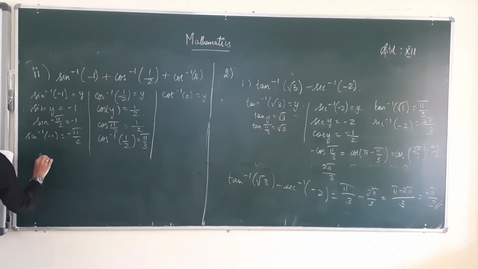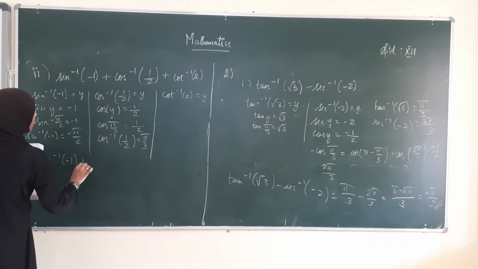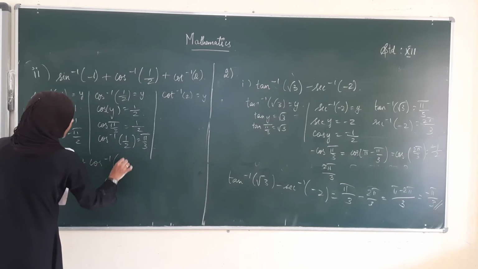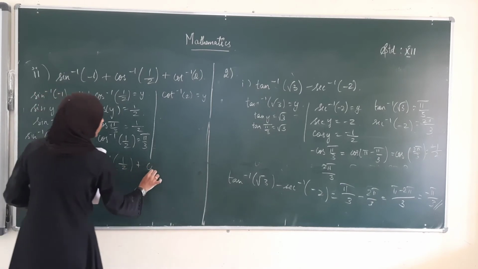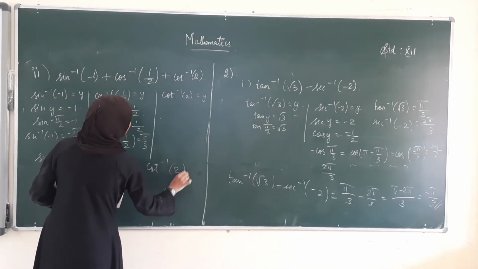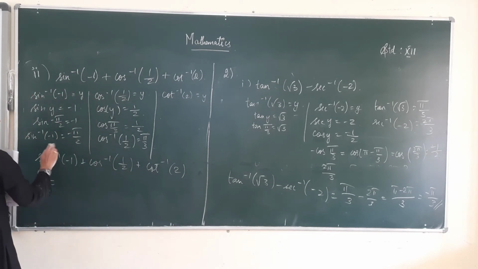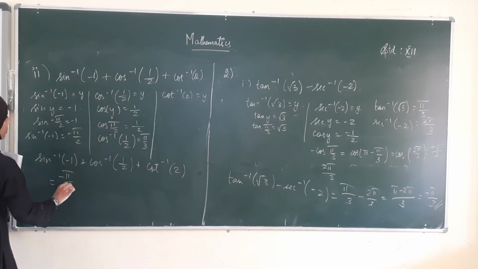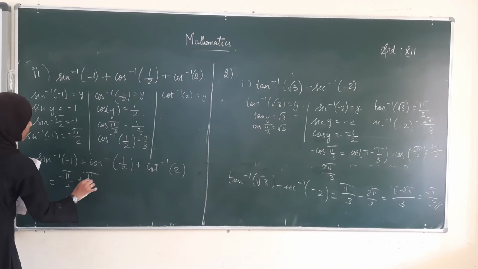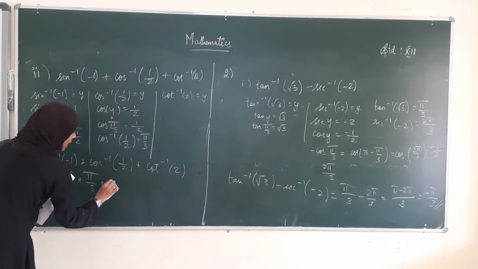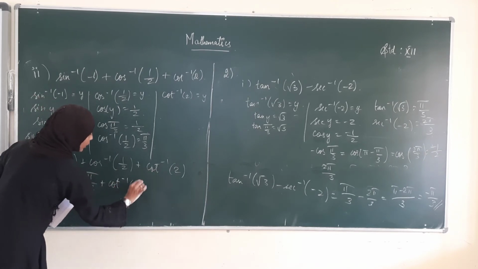Then the question, sin inverse of minus 1 plus cos inverse of 1 divided by 2 plus cot inverse of 2, will be equal to, what is the value here? Here it is minus pi by 2 and here it is plus pi by 3. Let us keep cot inverse of 2 as it is.